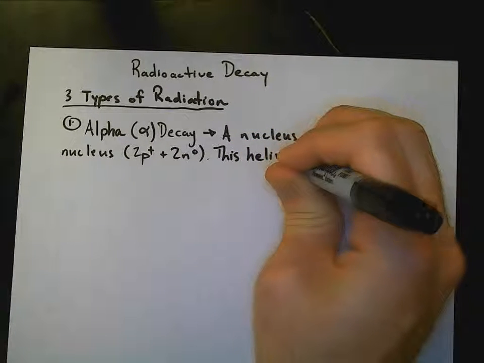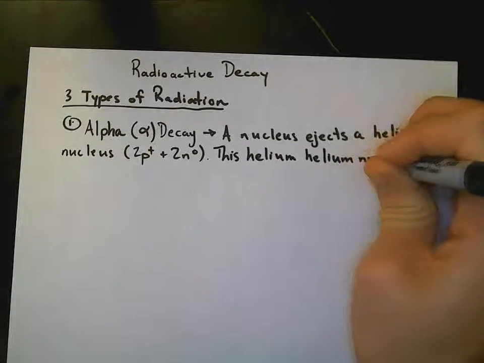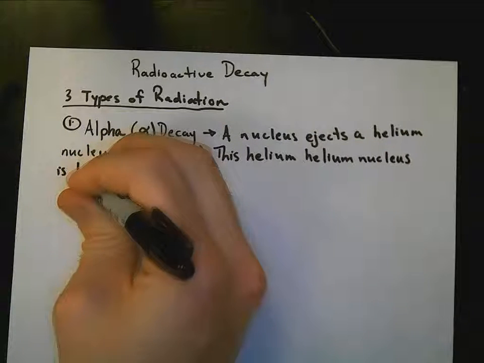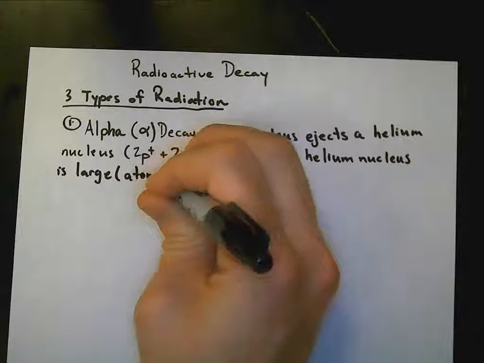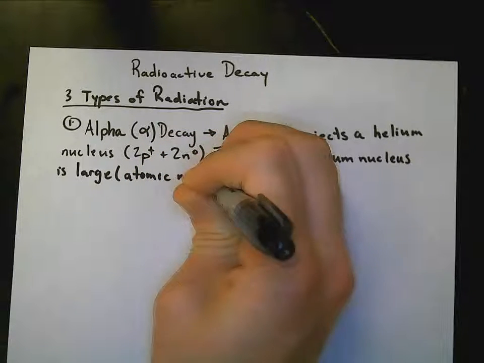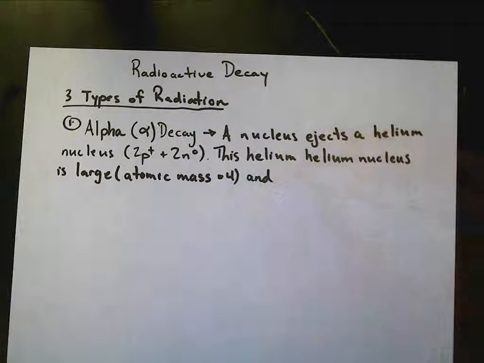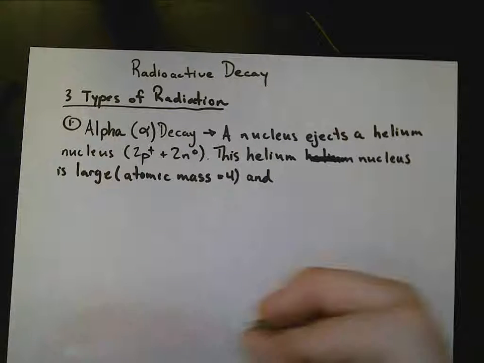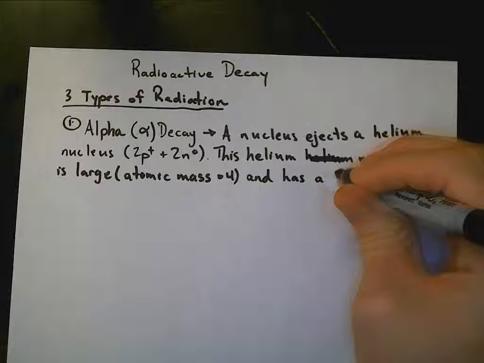This helium nucleus is large, as it has an atomic mass of 4. And the helium nucleus as well, I realize I wrote helium nucleus twice there, my apologies, has a positive 2 charge.